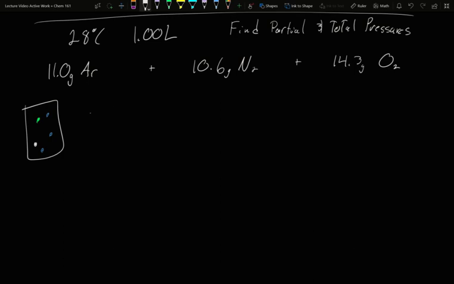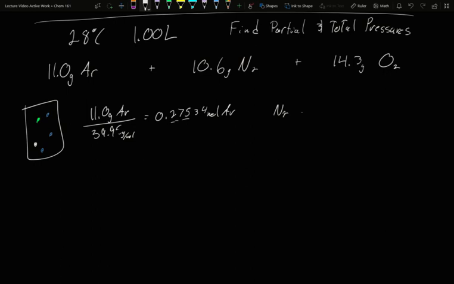For argon, we have 11.0 grams of argon, and it is 39.95 grams per mole. So we have 0.2754 mole of argon.